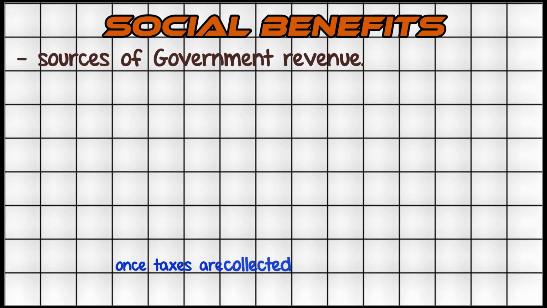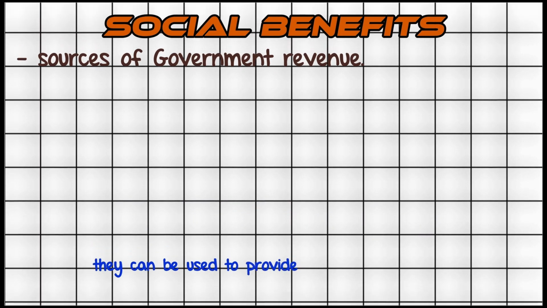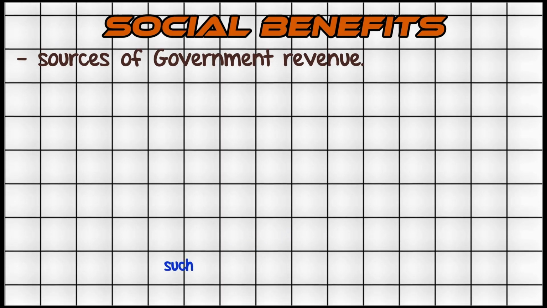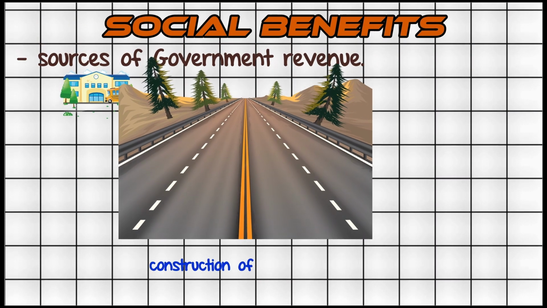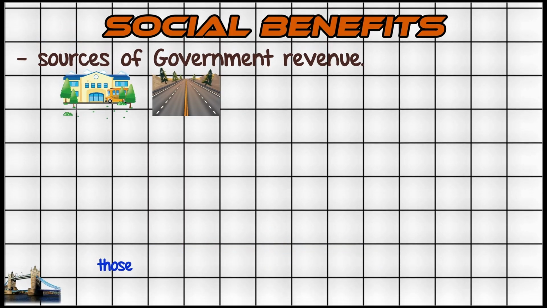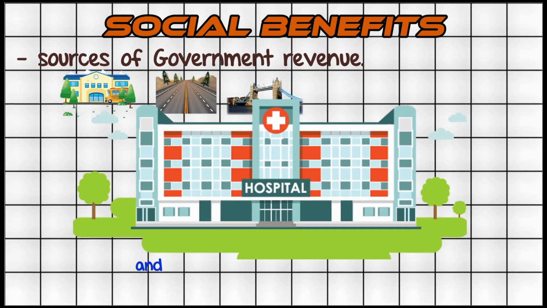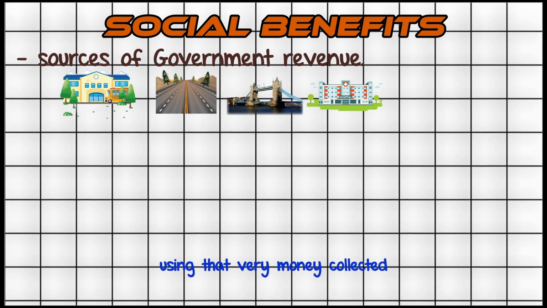Once taxes are collected by the government, they can be used to provide better social services to the citizens, such as construction of schools, construction of transport routes, those are roads, bridges and other infrastructure, and even hospitals can be constructed using the money collected.